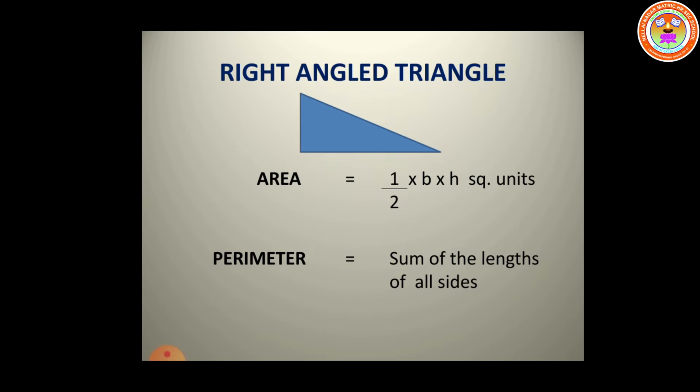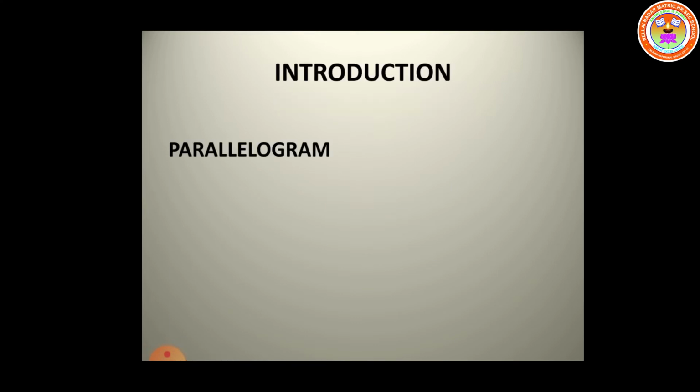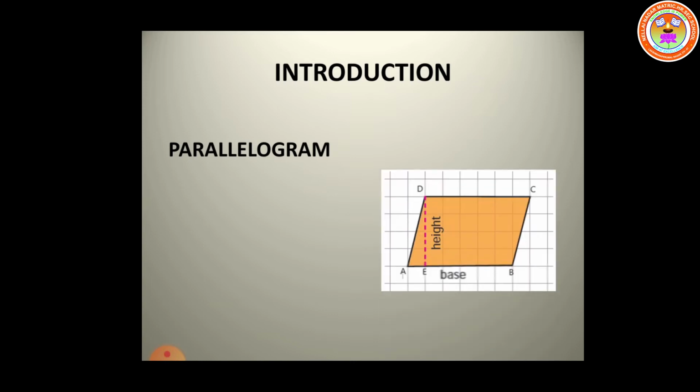This year we are going to learn how to find the area and perimeter of the new shape, that is parallelogram. First of all, the shape of parallelogram. See this diagram. ABCD is the parallelogram.